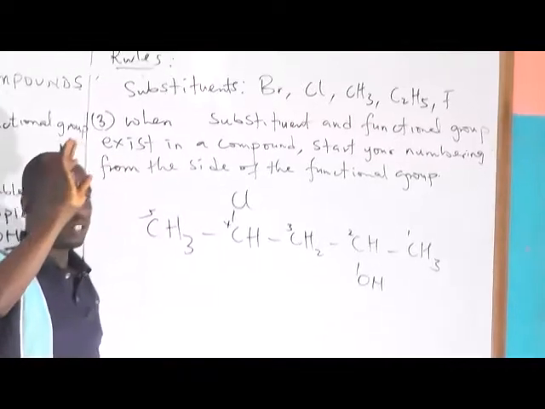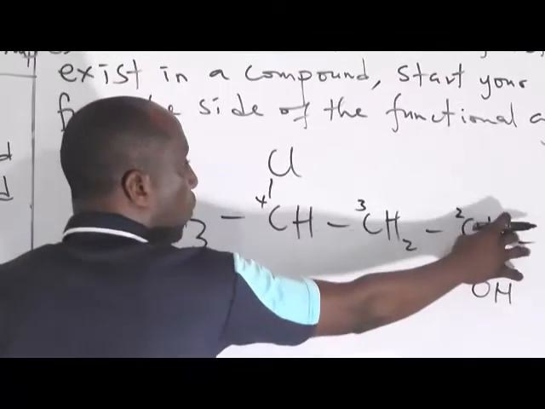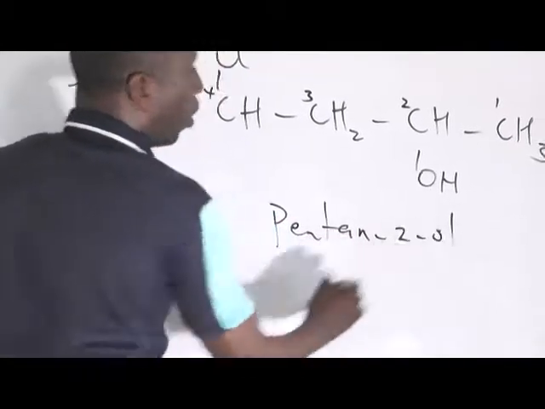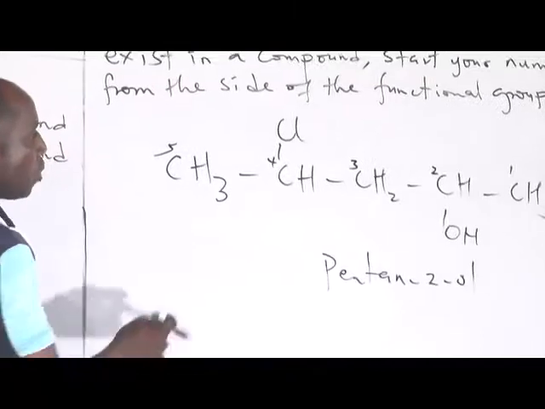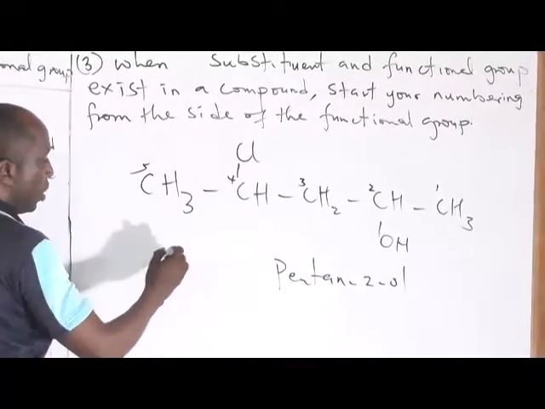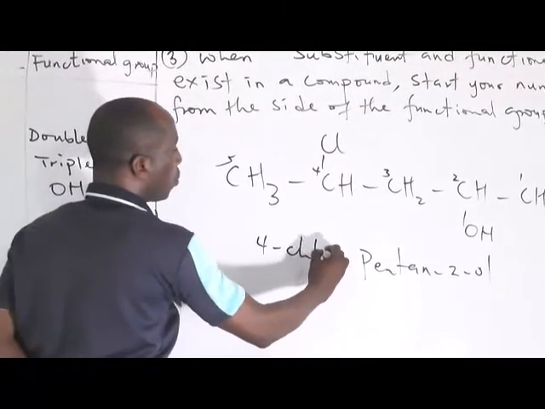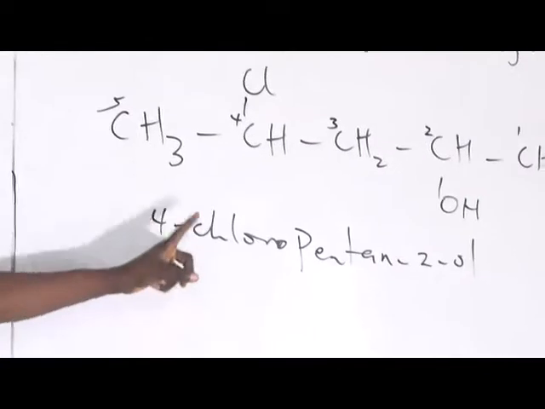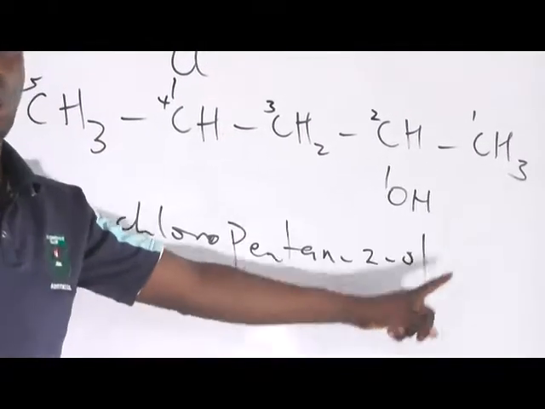So we have 5 carbons there. That's pentanol. But because the OH is attached to carbon number 2, that is pentan-2-ol. Okay? But now you have a substituent attached to carbon number 4. That is 4-chloro. So the name of the compound becomes 4-chloropentan-2-ol.